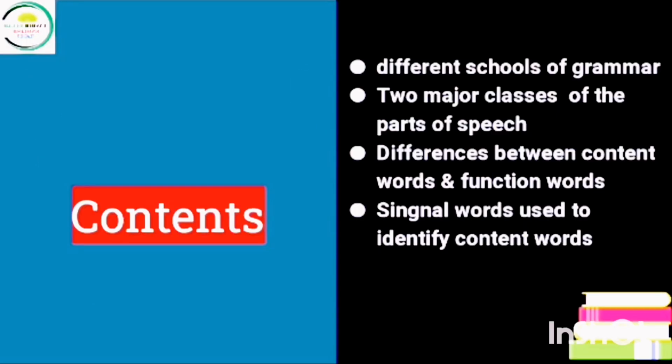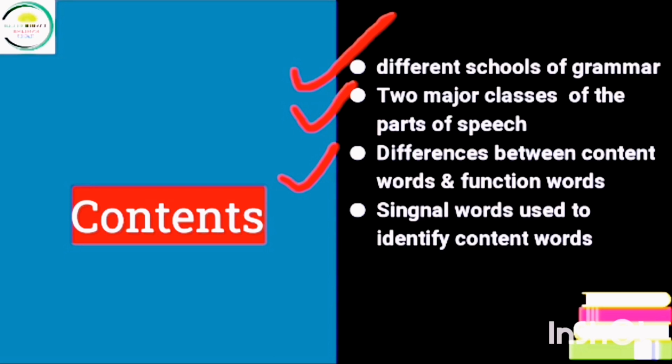Before going into the detail of the topic, let's see what things we have in this lecture. The first thing we are going to discuss is the different schools of grammar, the second thing is the two major classes of parts of speech, and the third thing is the difference between content words and functional words.